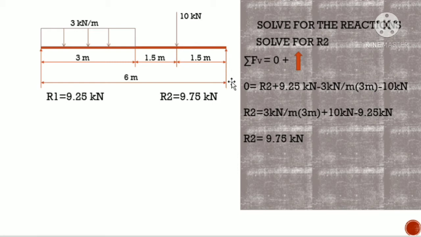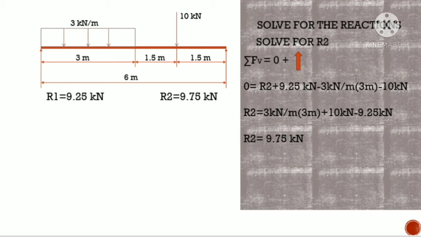Next is the R1, which is 9.25. Again, positive force kasi upward siya. Plus 9.25 kilonewton. Minus 3 kilonewton per meter times 3. Again, uniformly distributed load convert to a total uniformly distributed load by multiplying by its span.